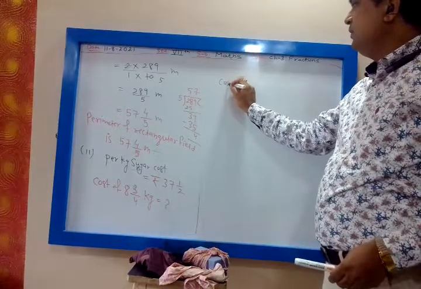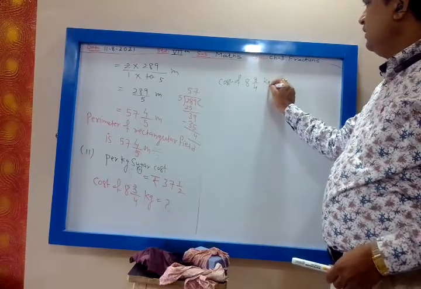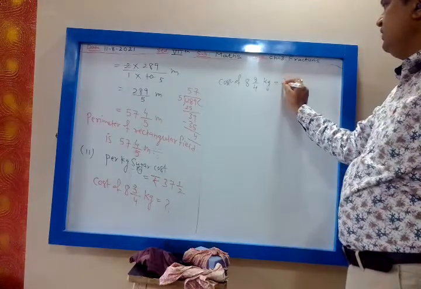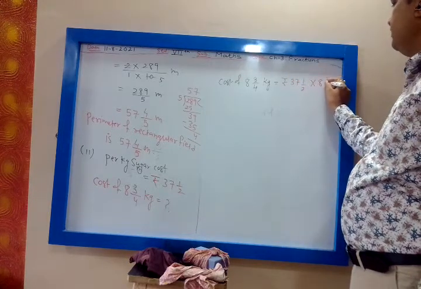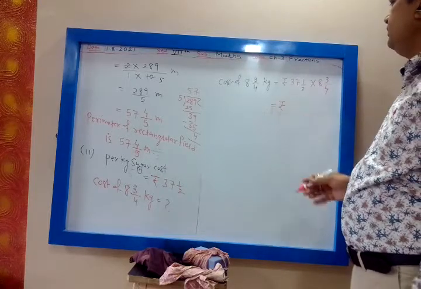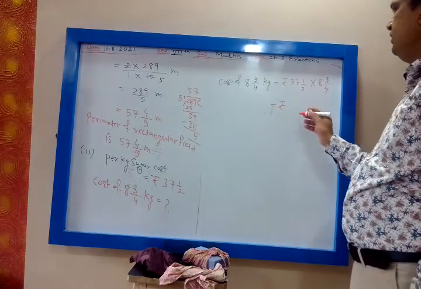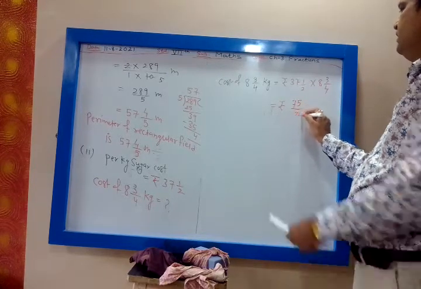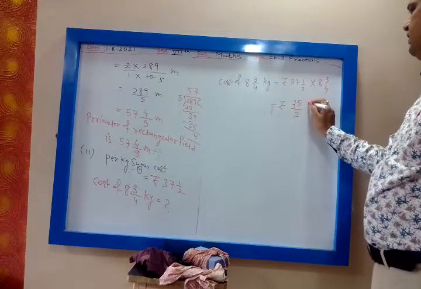So cost of 8 and 3 by 4 kg is equal to cost of 1 kg, that is 37 and 1 by 2 multiplied with 8 and 3 by 4. So 37 and 1 by 2: 37 twos are 74, 74 plus 1, 75.